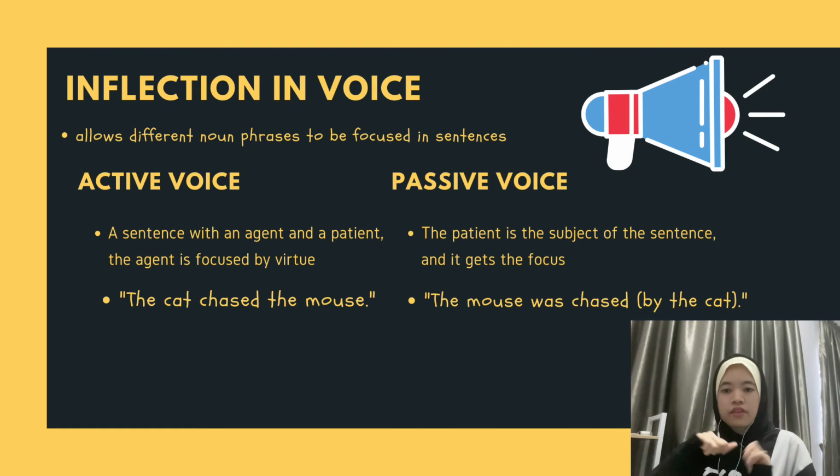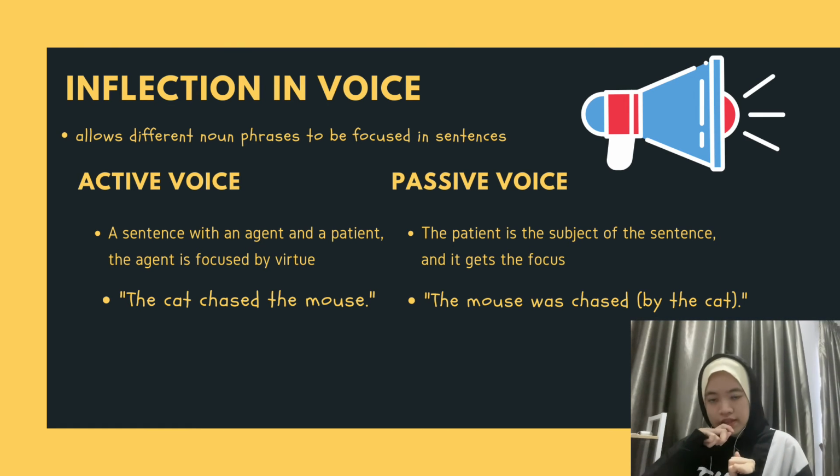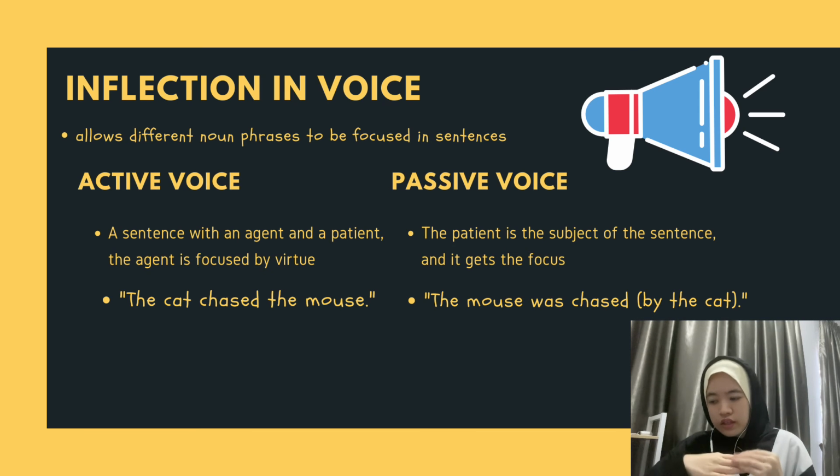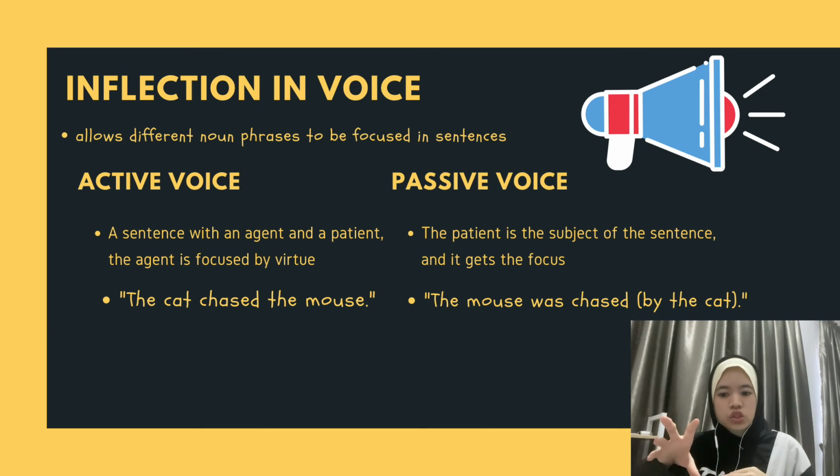For the 6th inflection, which is inflection in voice. Inflection in voice is a category of inflection that allows different noun phrases to be focused in sentences. In the active voice, there is a sentence with an agent and a patient.